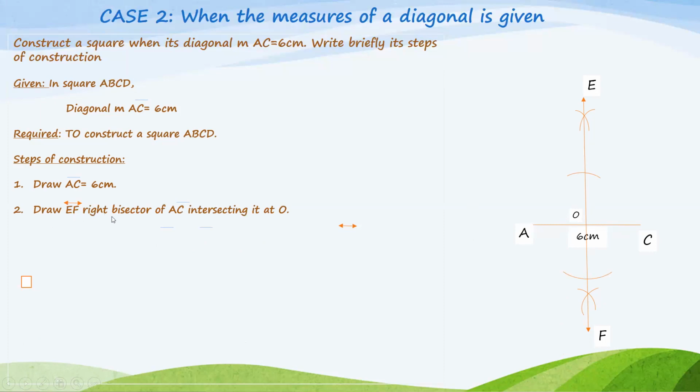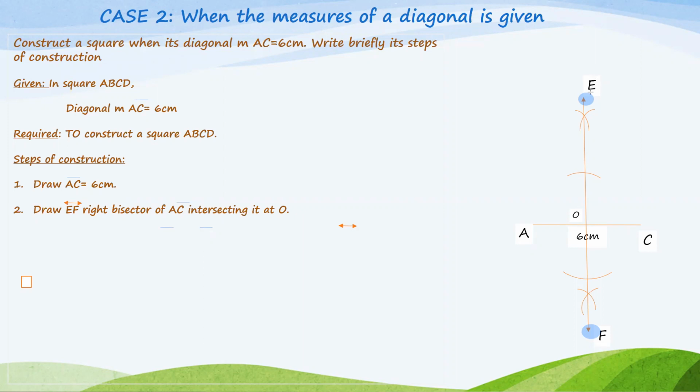Draw EF, the right bisector of AC, intersecting it at O. Here we have drawn the bisector EF, and students, you can see that there are two arrowheads on E and F, which shows that it's a straight line that can extend indefinitely in both directions.